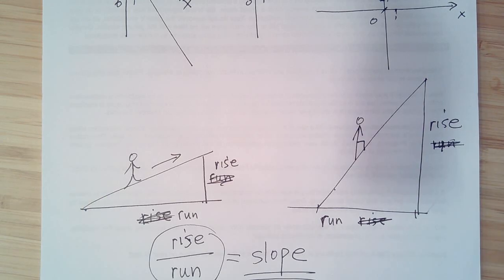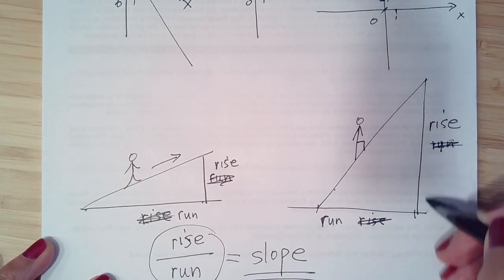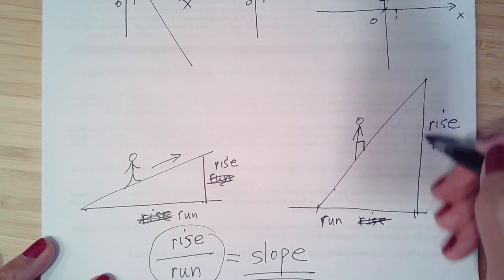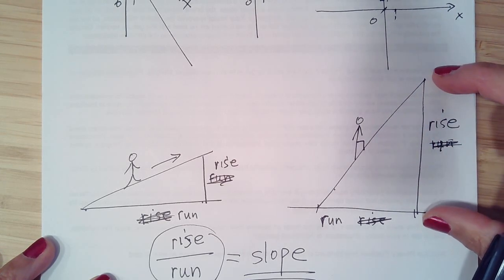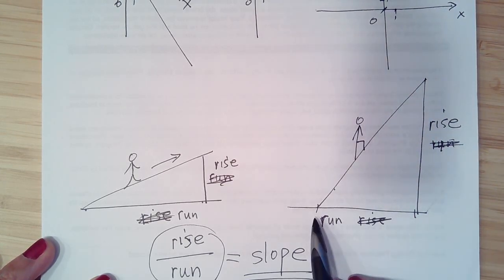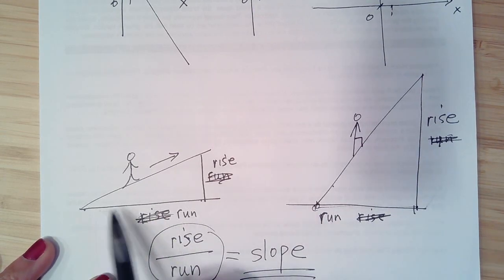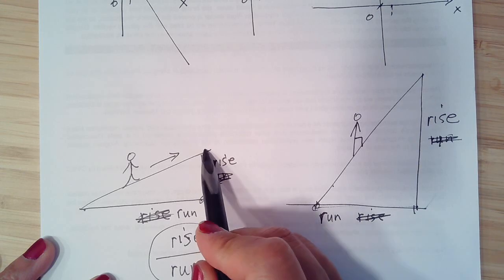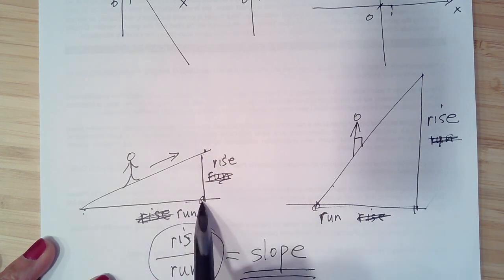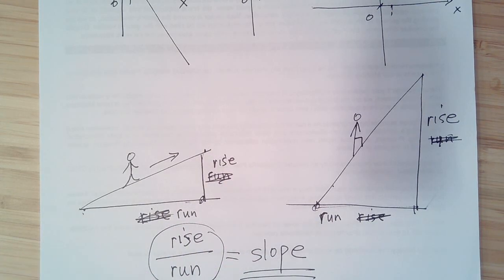Always remember this: rise over run. What is rise? Rise is the change in the altitude, or the change in y. And what is run? Run is the change in x, which is from here to here. And for this one, here is the rise and here is the run. So that's rise over run.